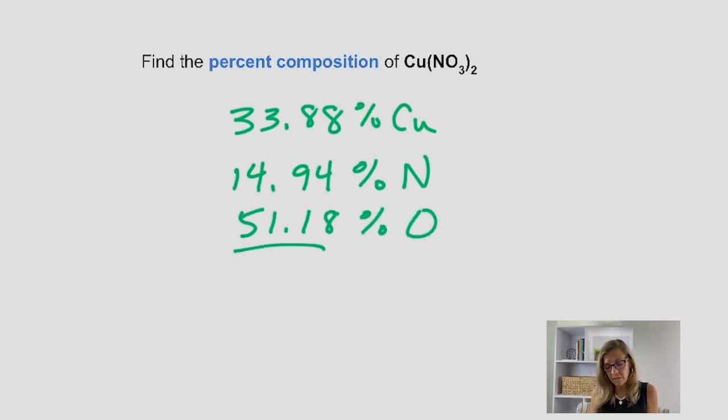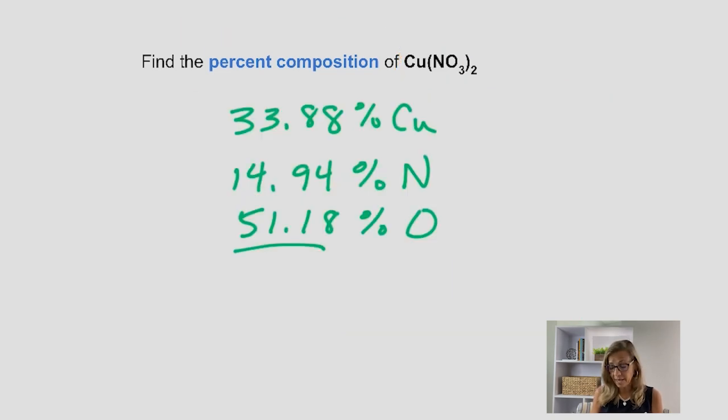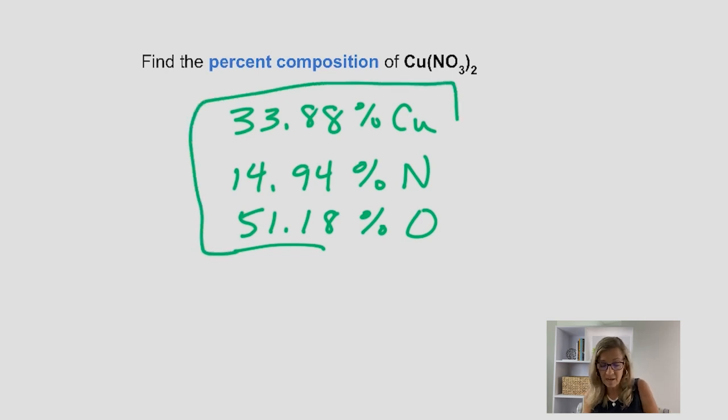And why did I hold on to 4 sig figs on my percentages? Well, back here in my calculations, I had 4 sig figs in those numbers, and so I wanted to hang on to that precision. So your answer for percent composition are those 3 numbers. Okay, so it's the percent of each element in that compound.